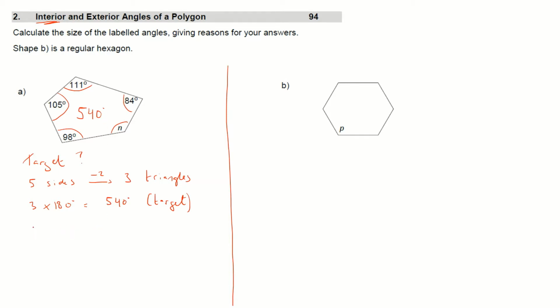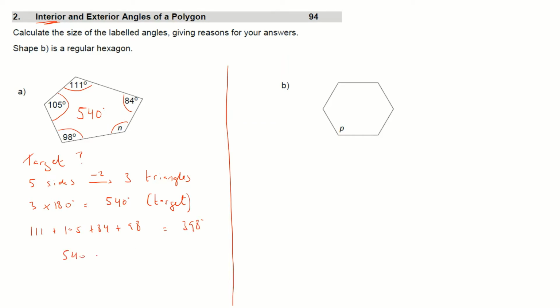So remember the usual trick then? Just add up what you've got. Add up the 4 angles you've got. So I'm going to do 111 plus 105 plus 84 plus 98 gives me 398 degrees. Remember then, just take it off your target.